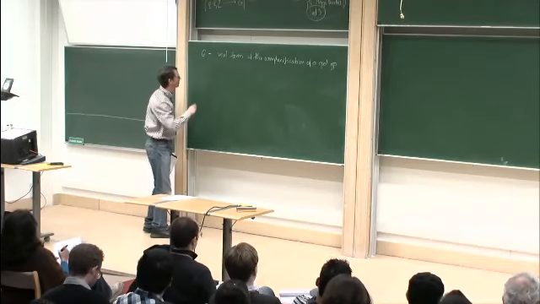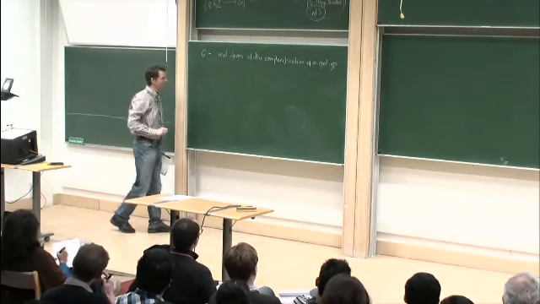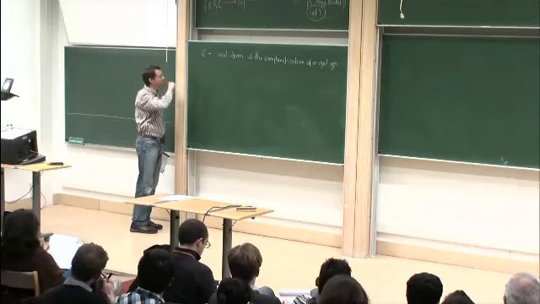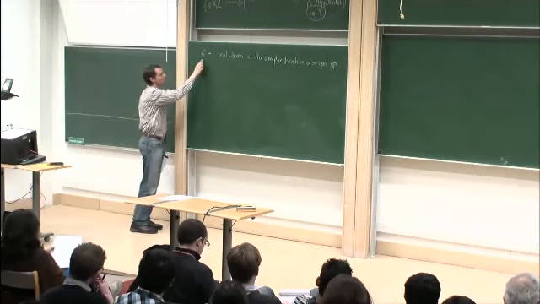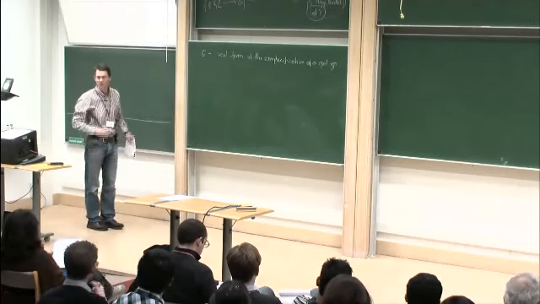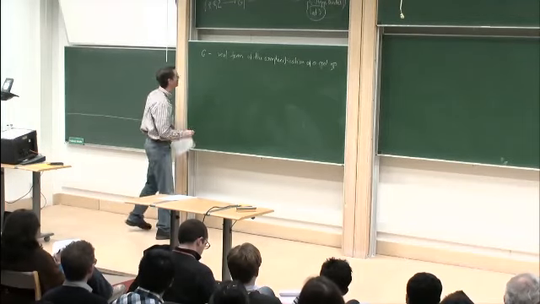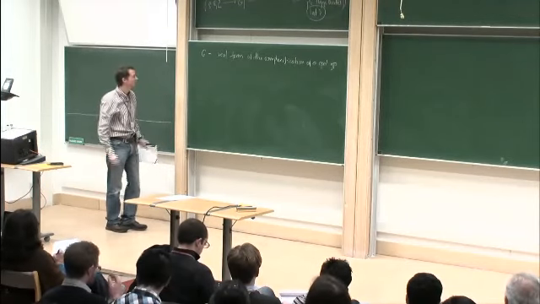Whichever way you go about it, there's a series of data that you actually need to fix about this group to get this whole theory going, and you could actually take this fixing of data as your definition of a reductive group.